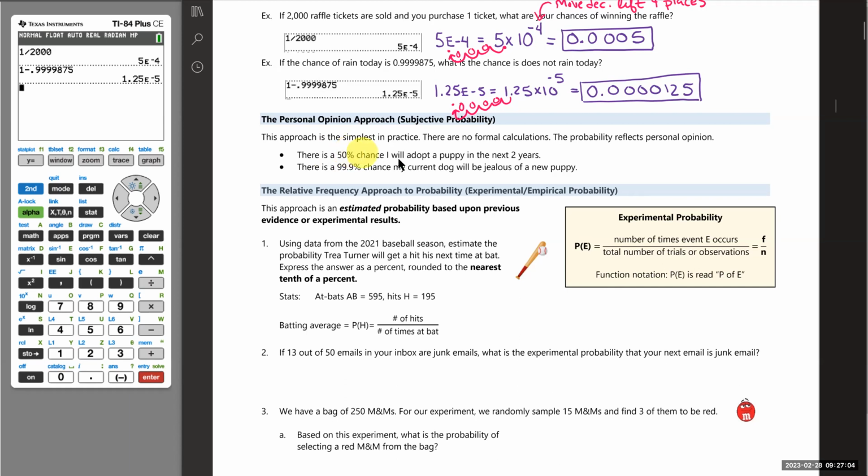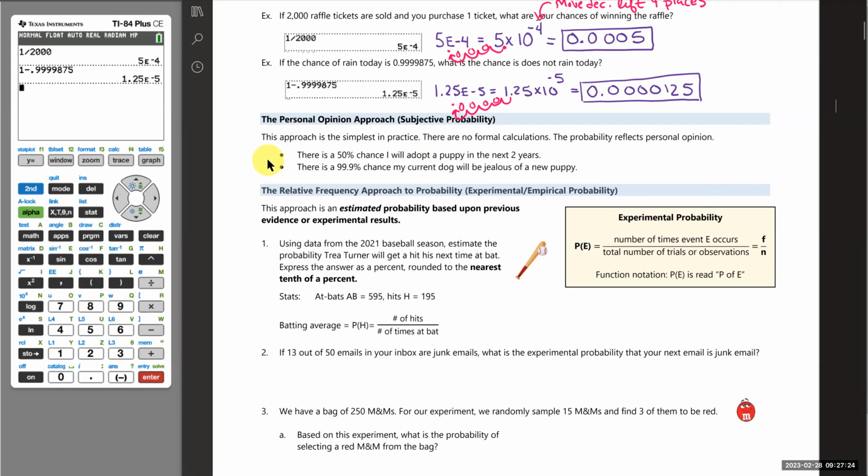But if I had to estimate the chances that my new puppy is going to cause my dog now, Chester, to be jealous, now I'm going to estimate that at 99.9%. So that's almost guaranteed that my current dog will be jealous. So personal opinion approach, another example maybe is doctors.